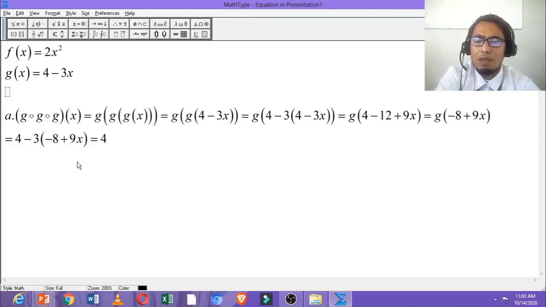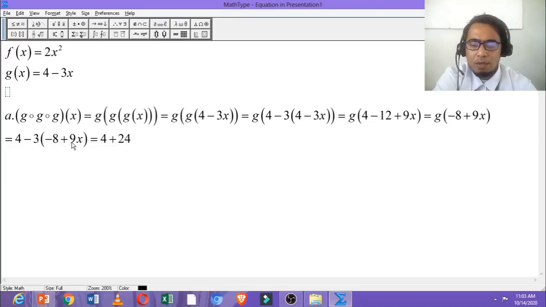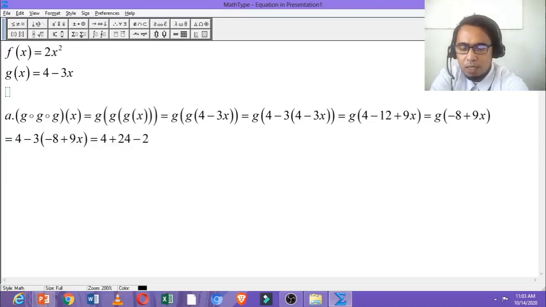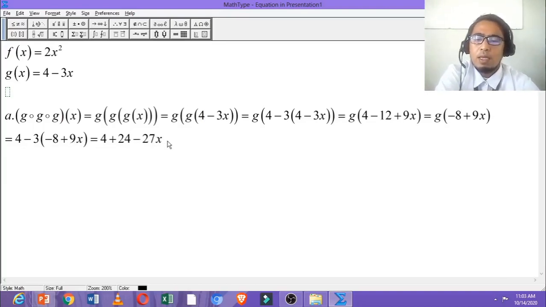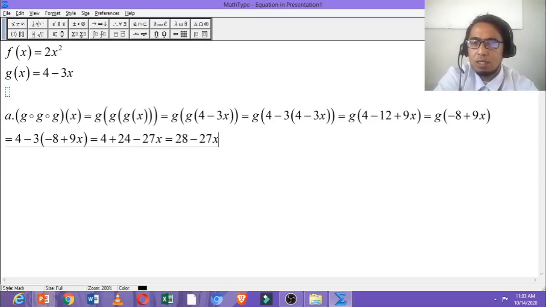Negative times negative becomes positive 24. Negative times positive becomes negative 27x. Then simplify it further, so 24 plus 4 is 28 minus 27x. This is now the answer for letter A.